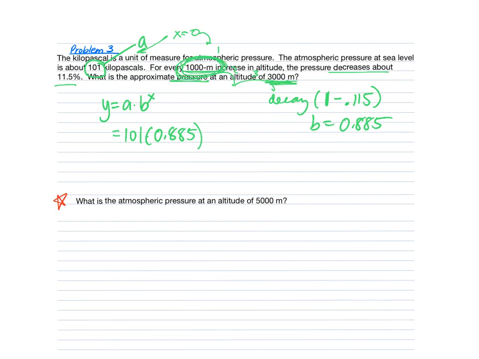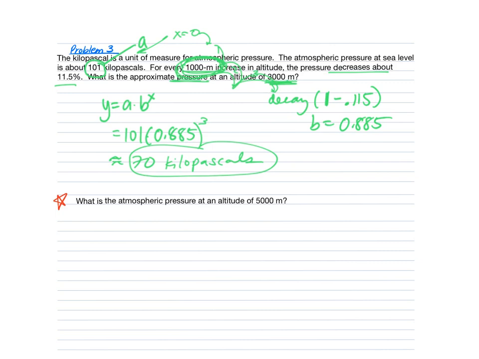So we put a 3 here. Then 101 times 0.885 to the third power, and we get about 70 kilopascals.